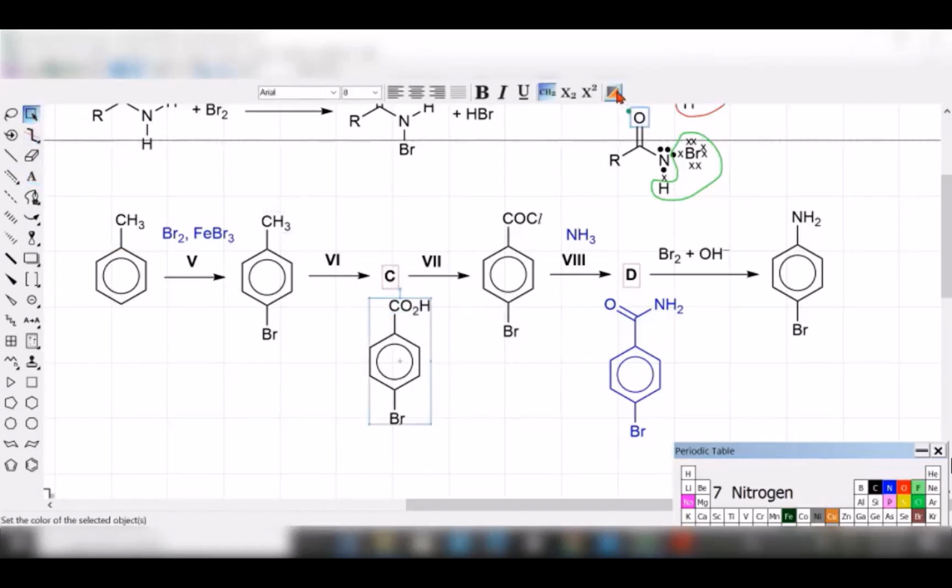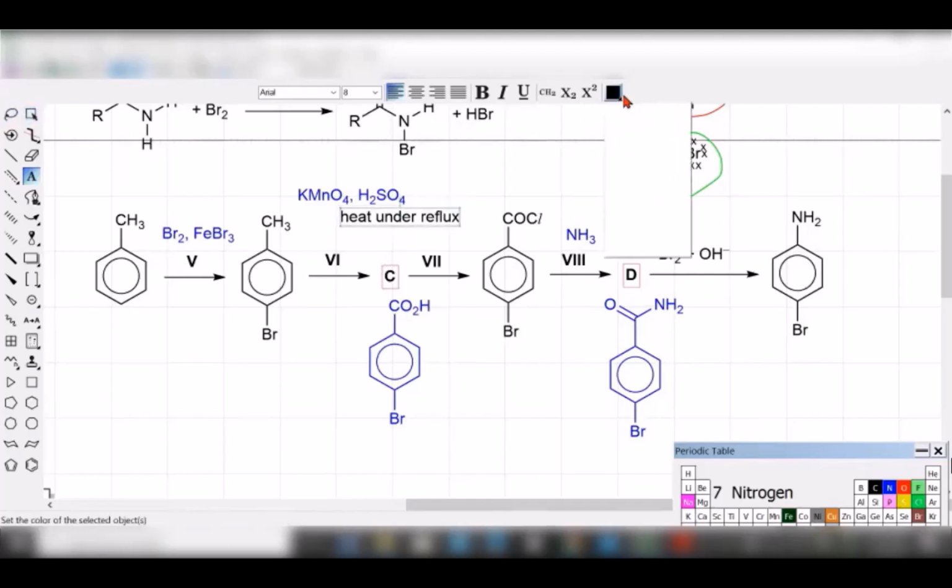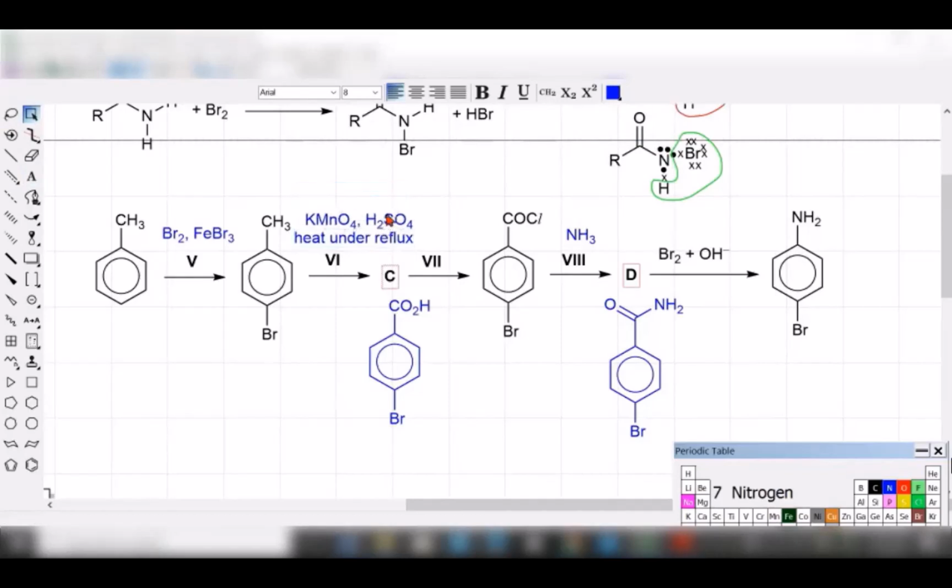If your C is the carboxylic acid, then of course your condition for 6 would be KMnO4 acidified with H2SO4. In that case, you need to heat under reflux in order for the side chain oxidation to complete.